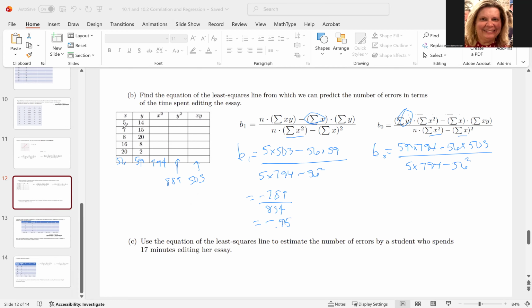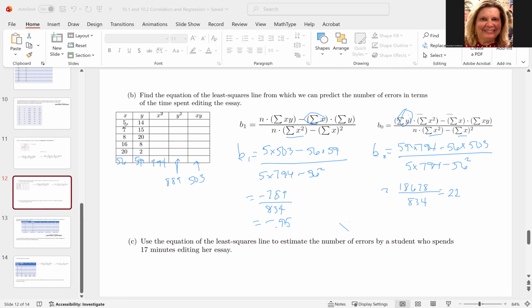So the denominator's the same, 834. The numerator, when I calculate that, gives me 18,678, which gives me 22.